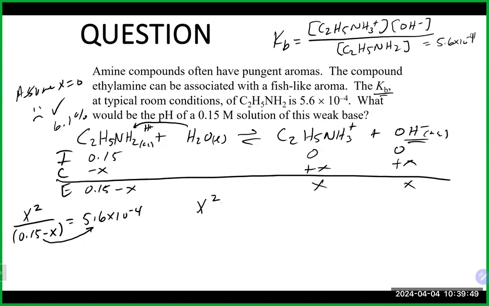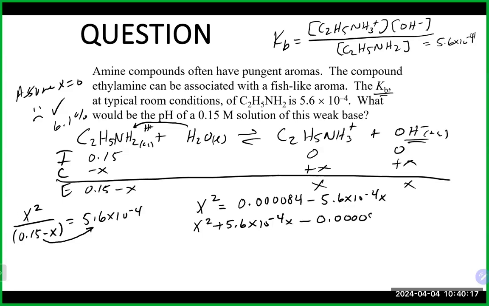This is going to be x squared is equal to 5.6 times 10 to the minus 4 times 0.15, that's 0.000084, minus 5.6 times 10 to the minus 4x. Bringing everybody to the same side, x squared plus 5.6 times 10 to the minus 4x minus 0.000084 equals 0. Again, that's going to be our A, B, and C.